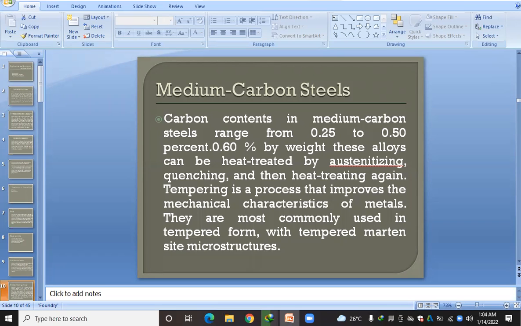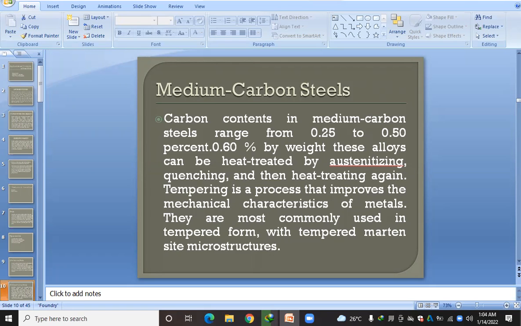Austenitizing is one of the heat treatment processes of steels and other ferrous alloys, where these materials are heated above their critical temperature long enough for transformation to take place. You heat it so that the transformations can form.